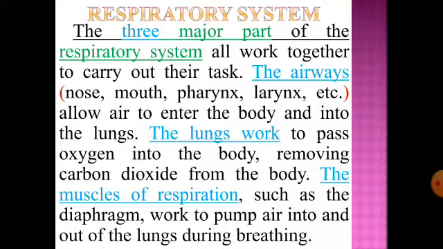The lungs work to pass oxygen into the body, removing carbon dioxide from the body. The muscles of respiration, such as the diaphragm, work to pump air into and out of the lungs during breathing.